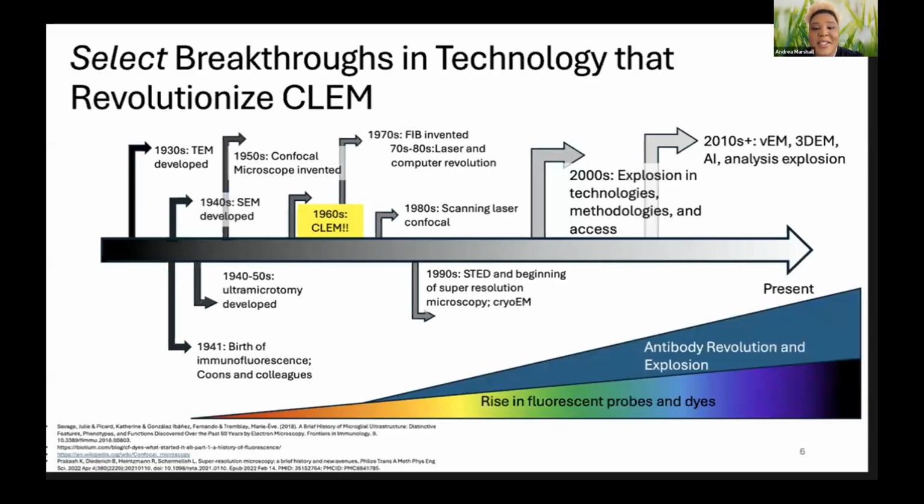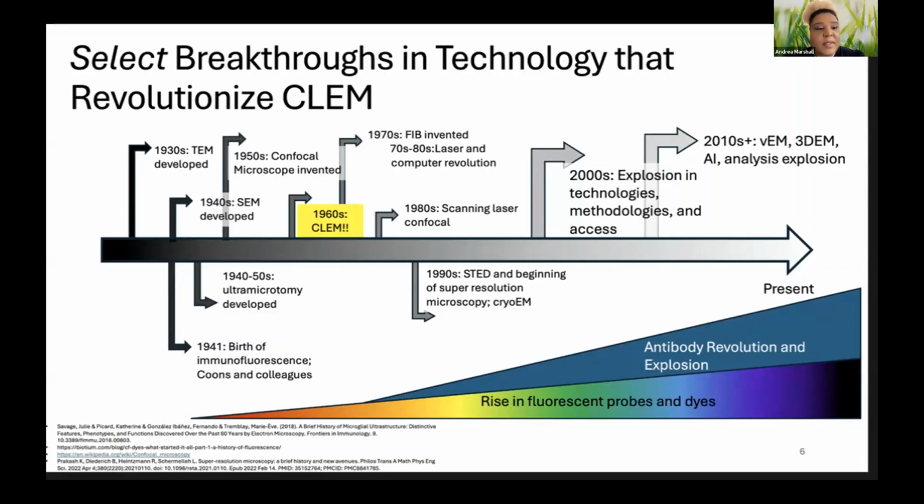And so here I'm just going to discuss a few select and very brief breakthroughs that have led to what we consider the modern revolution of CLEM. In the 1930s, you had the development of transmission electron microscopy. In the 40s, you had the co-development of scanning electron microscopy, as well as the birth of what we know as modern immunofluorescence by Coons and colleagues.